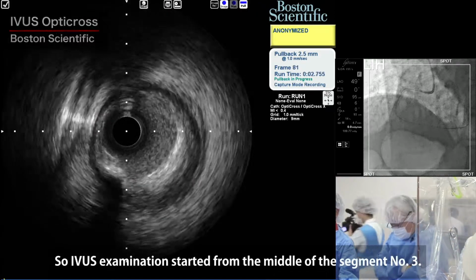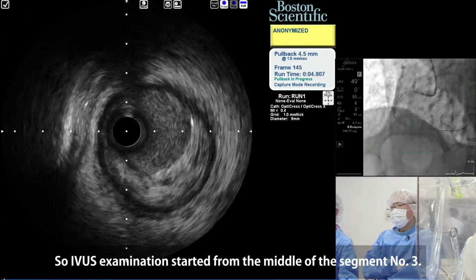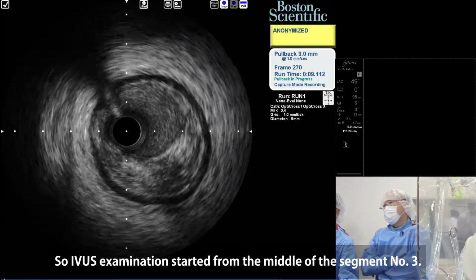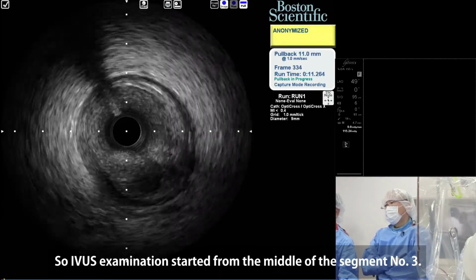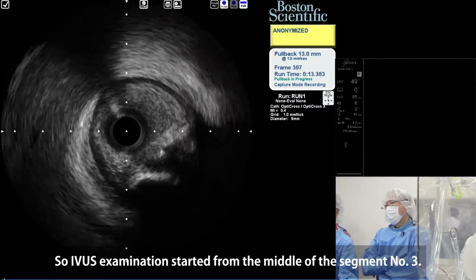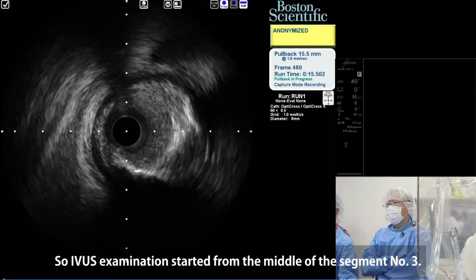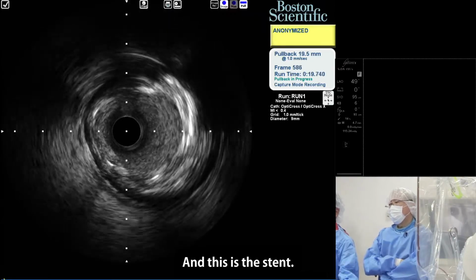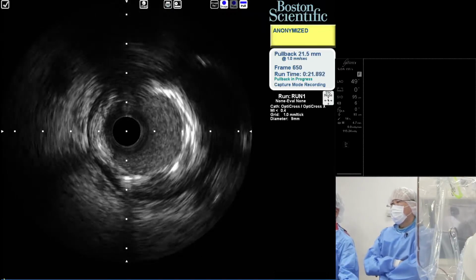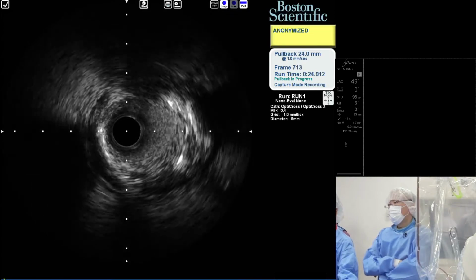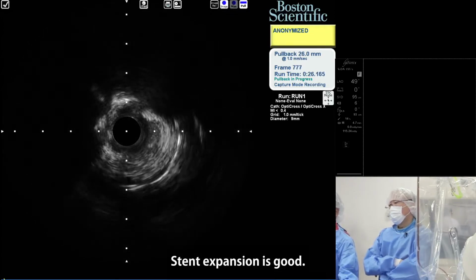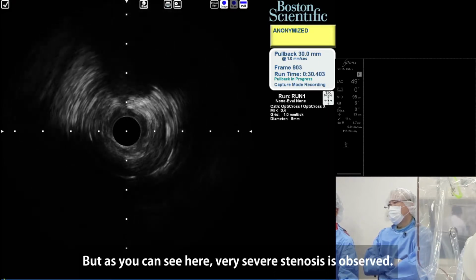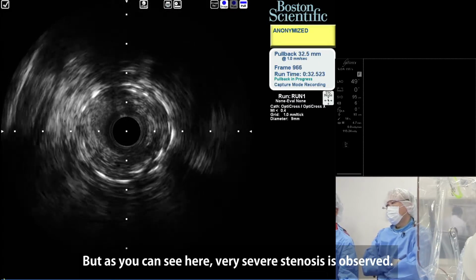So the IVUS examination started from the middle of segment number 3, and this is stent, and the stent expansion is good, but here, as you can see, very severe stenosis was observed.